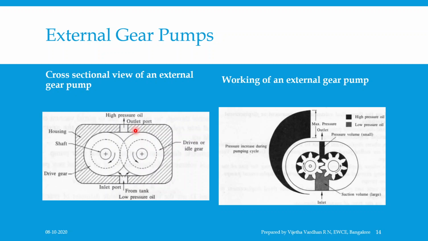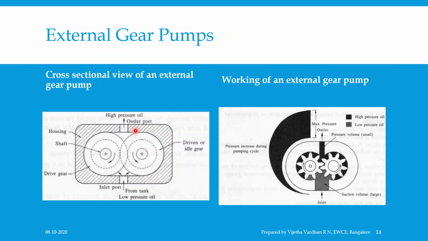As the gears unmesh, a partial vacuum is created at the inlet, drawing oil into the chamber formed between the teeth, and the gaps between the teeth carry the fluid around the outside of the gears, where it is forced out as the teeth mesh again at the outlet, and the oil left in the chamber develops a high pressure.